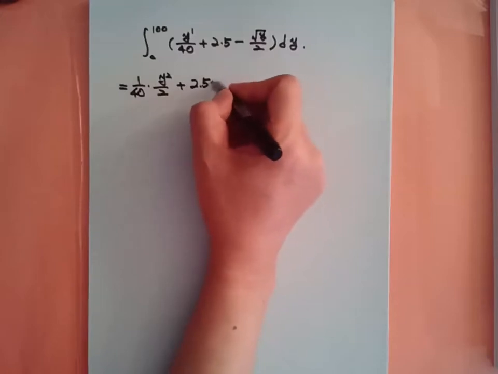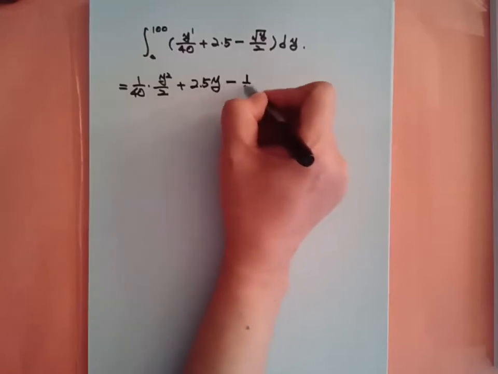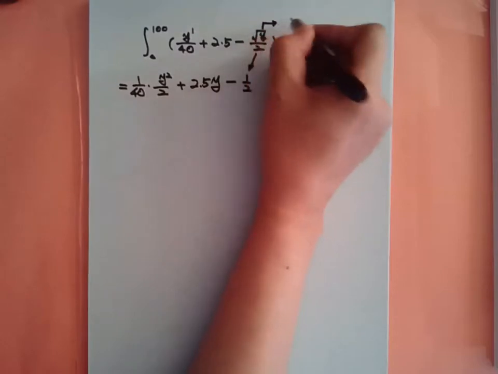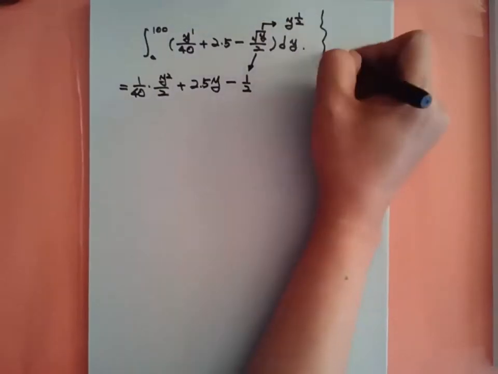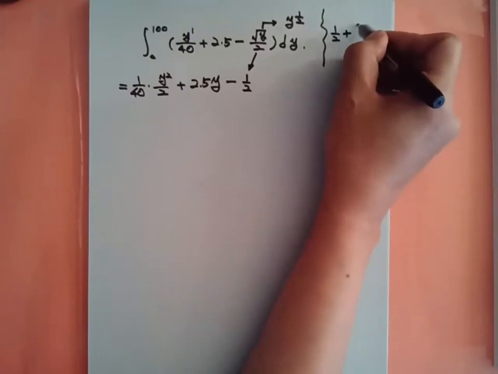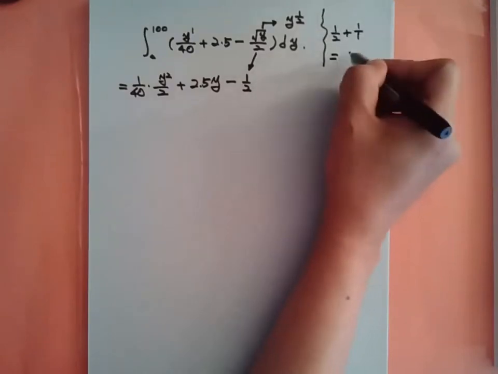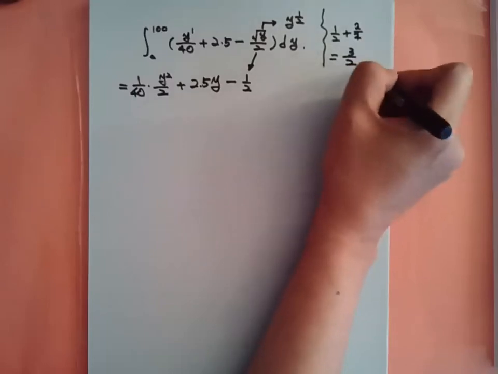In this case, y: 2.5y minus 1 over 2, which comes from here. And square root of y is y to the 1 over 2 power. And 1 over 2 plus 1 is 1 over 2 plus 2 over 2, so that is 3 over 2.